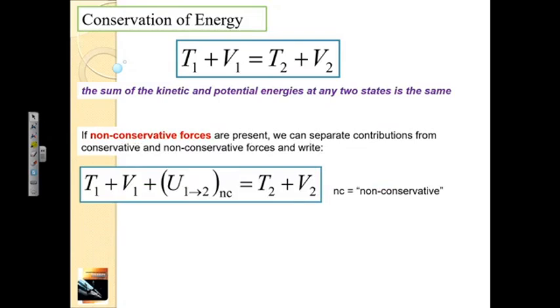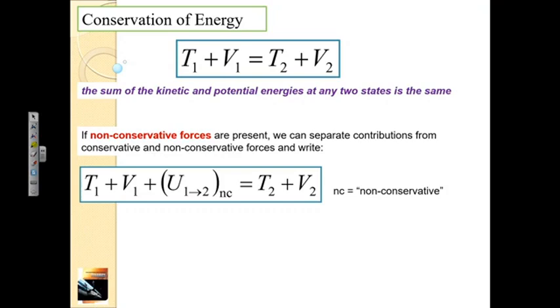In the event that you do have some external work that's non-zero, we can rewrite our work energy expression: T1, V1, plus the work between states 1 and 2, now we'll throw a little NC down there, non-conservative, is equal to T2 plus V2.